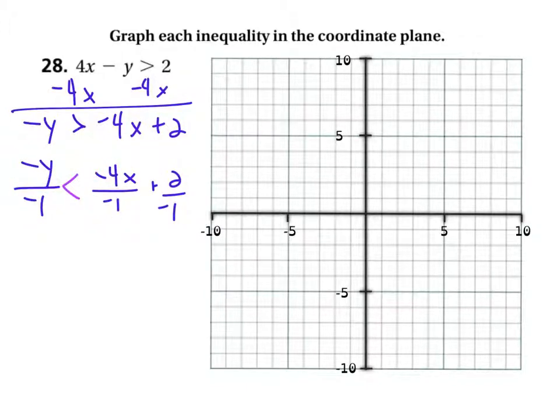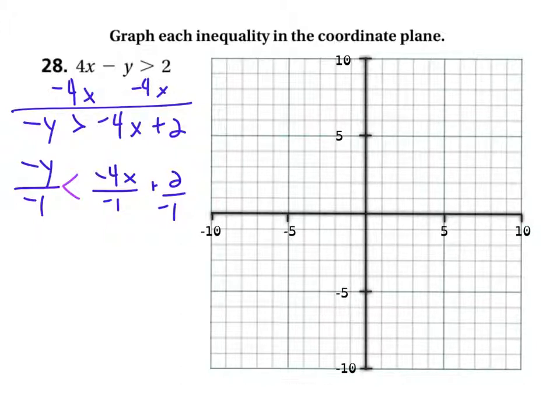At the exact moment that you switch the sign, you need to switch the direction of the inequality as well. That's why we couldn't just write divided by negative 1 here, because it would be a false statement, not equivalent. So one good reason to rewrite before you divide.